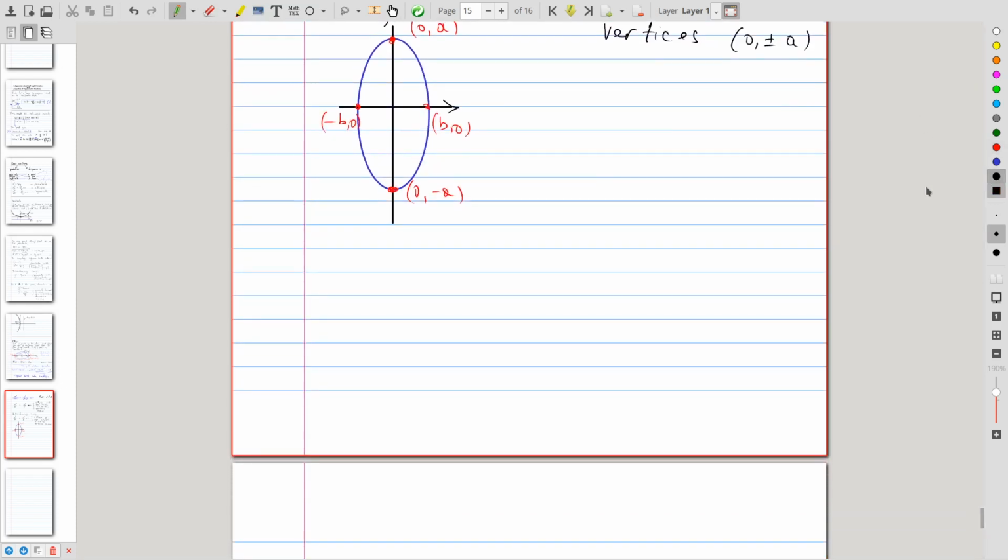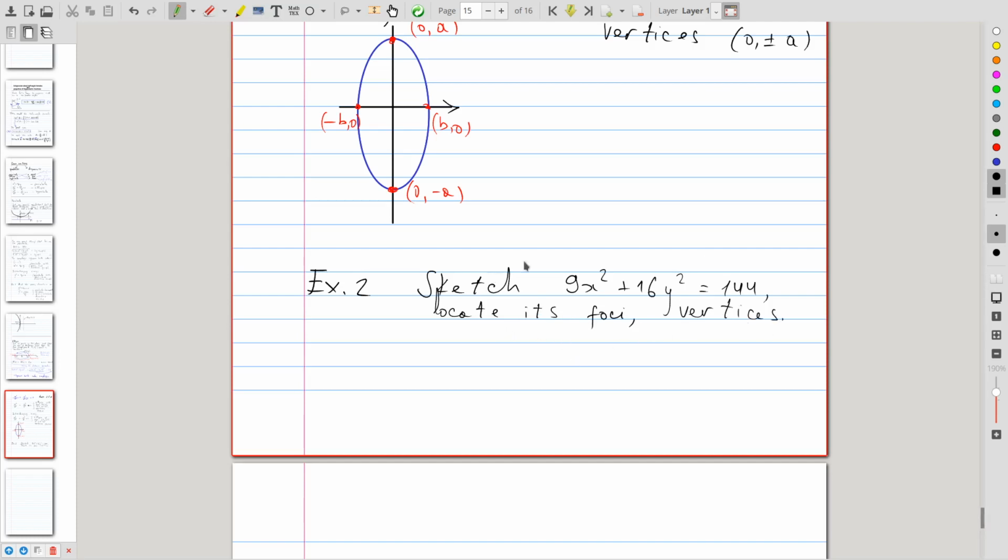And so to illustrate this, let us discuss similar type of questions to the ones we discussed for parabolas. So let us take an ellipse given by its equation. We have its equation. We're supposed to sketch it and locate its foci and vertices.